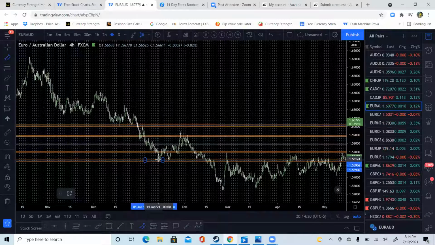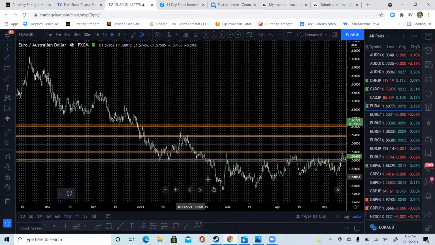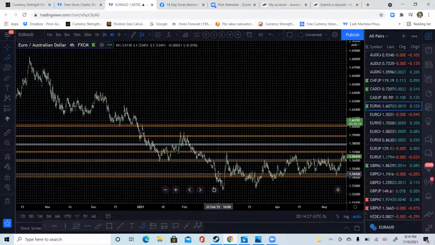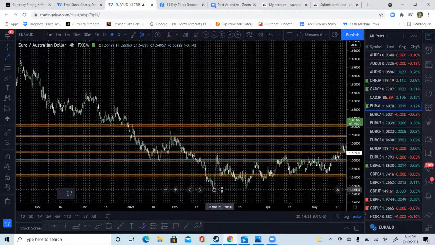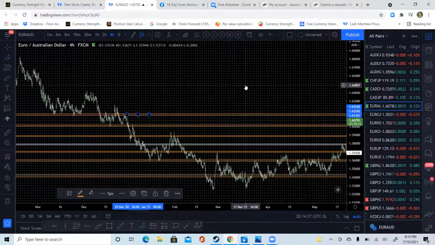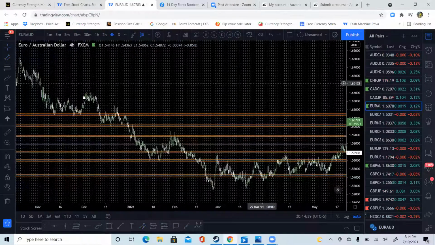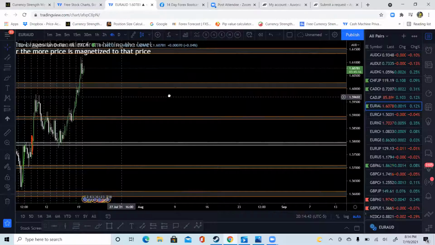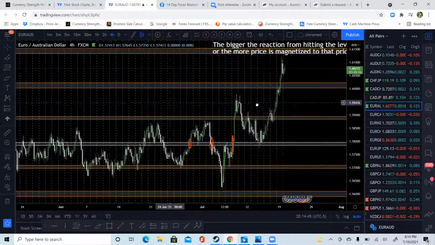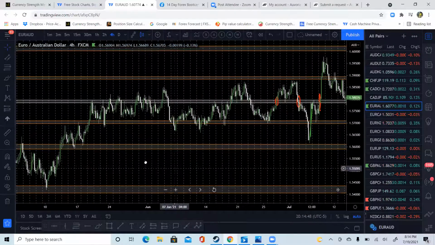Think of it like Donkey Kong levels, like if you played Donkey Kong when you're little, or not so little, depending on how old you are. So zoom that back in. Now you look at these price levels, you have an idea of where price is going to make reactions from.